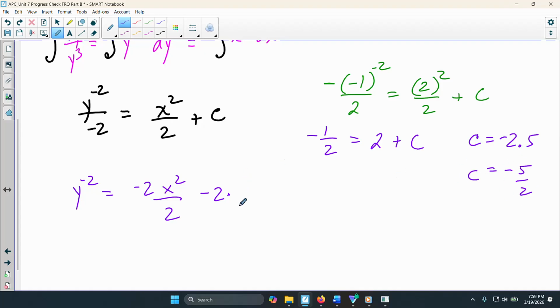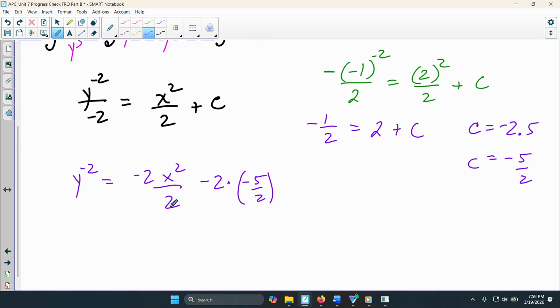The c value is -5 over 2 here, which is nice. That's probably why they did the simplification. So this is just -1, so put a minus here, and this is a positive, and these cancel, it becomes +5.